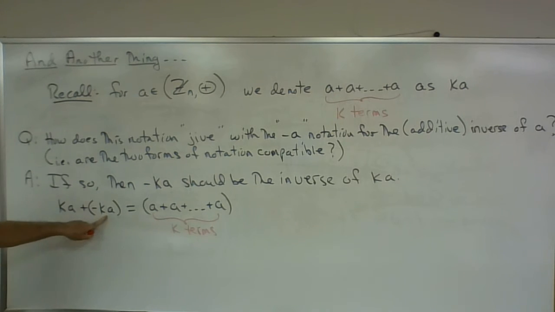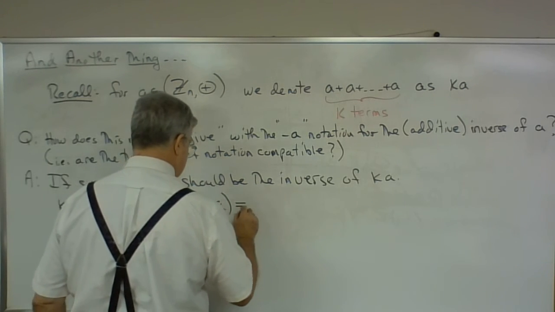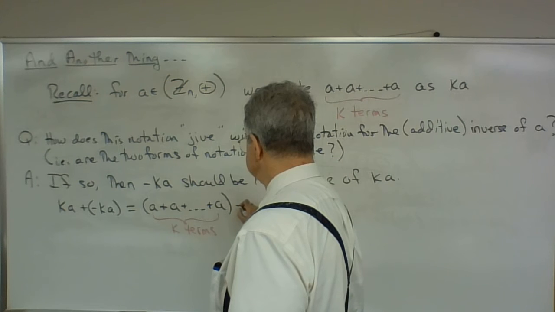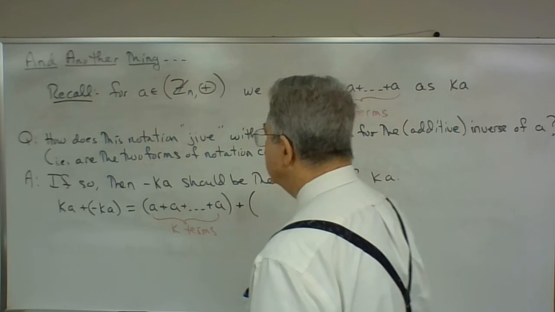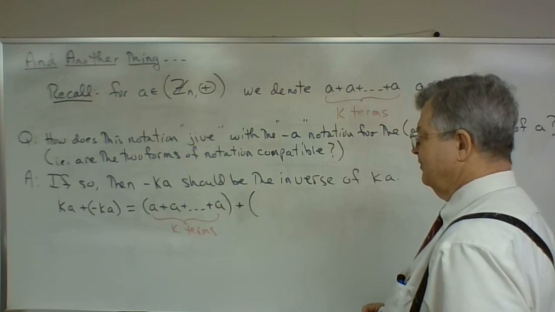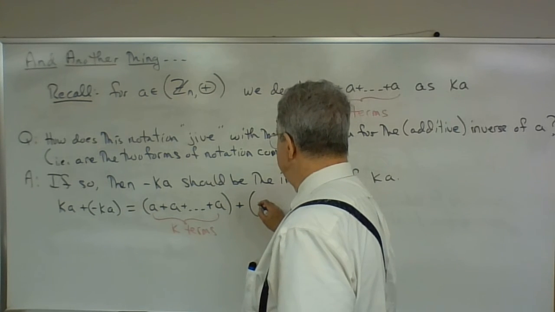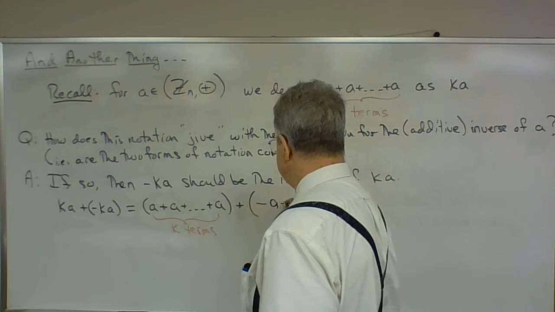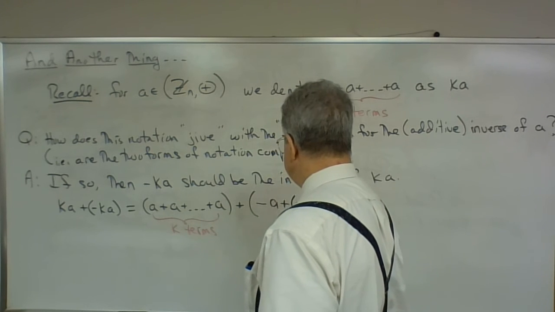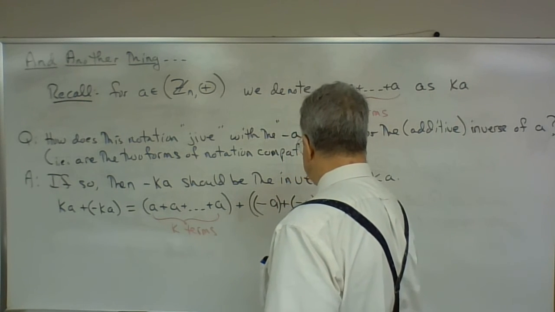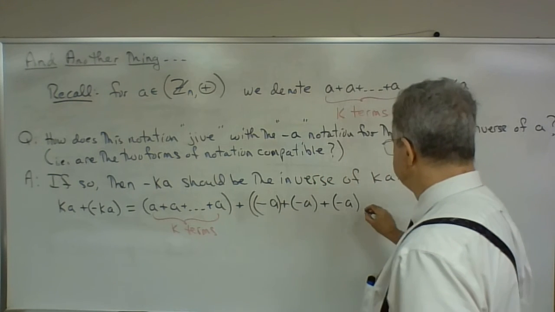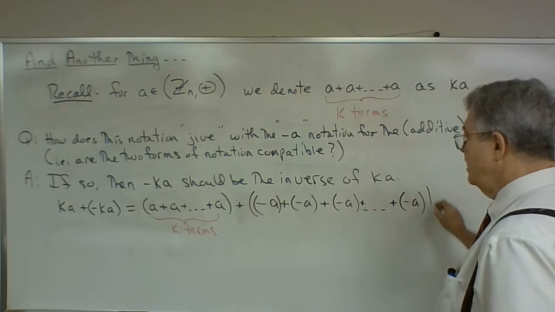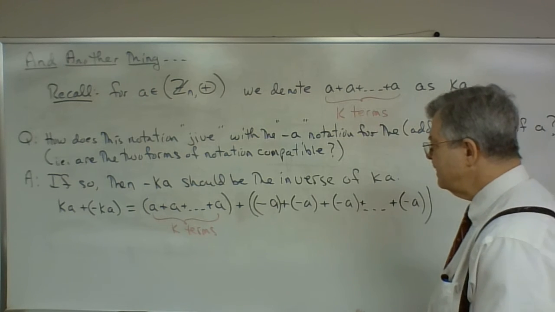And this is negative A added to itself k times.